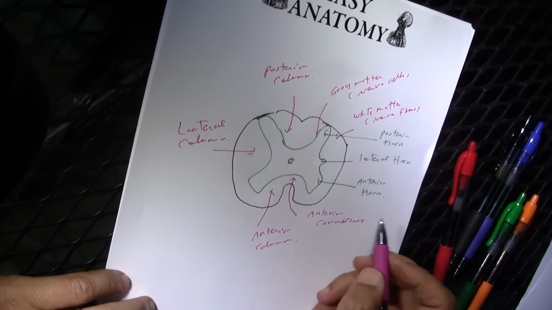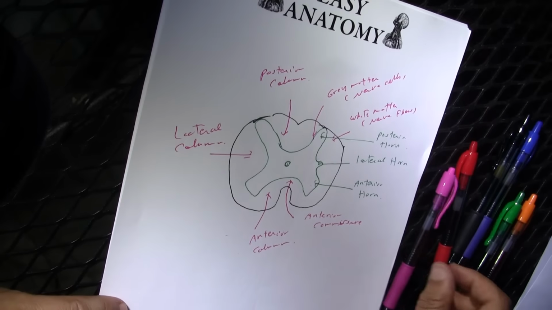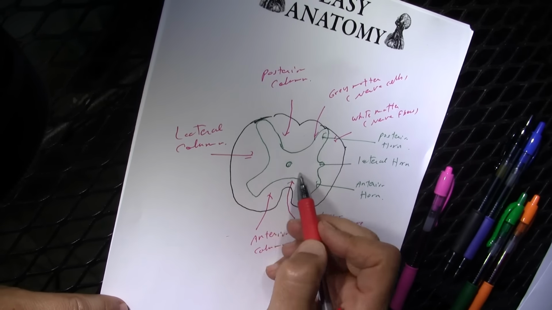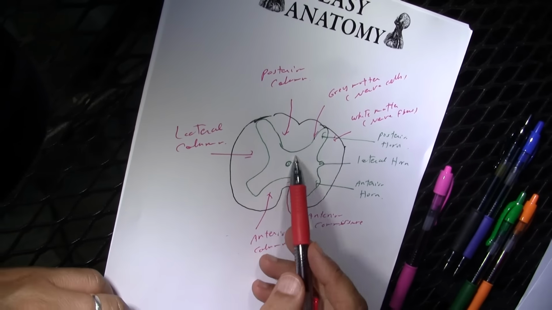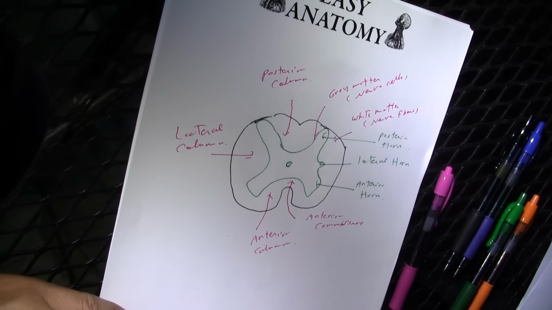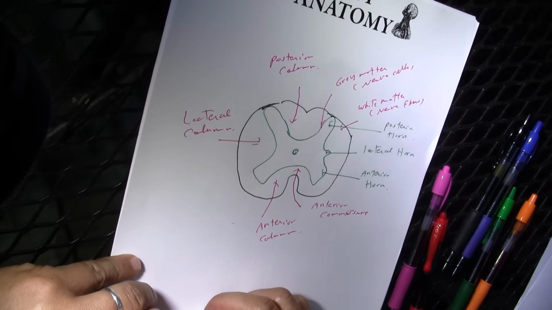So this is the anterior commissure. Then the central part of the gray matter surrounding the central canal we call the gray commissure. So this is a general feature of the cross section of the spinal cord.